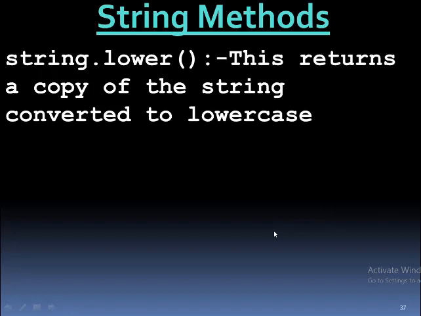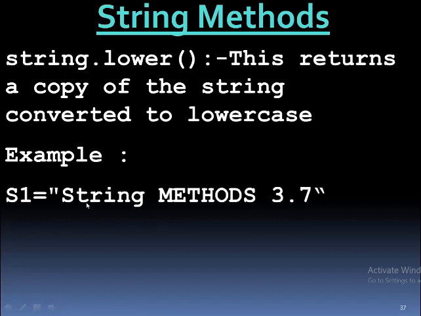Now next is the lower function. It will not check isLower, which was checking the string for lowercase alphabets. This will convert the string. All the alphabetic characters will be converted to lowercase.